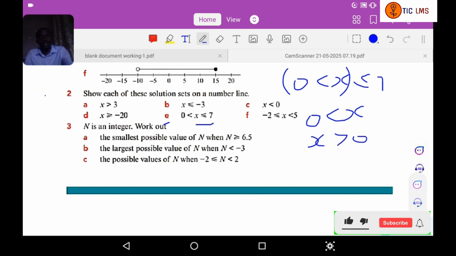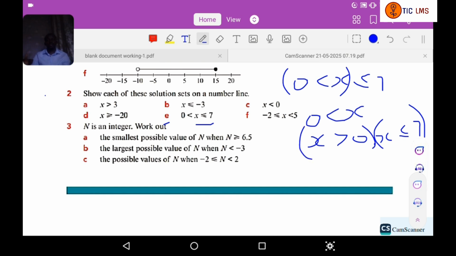Then you have the other part, which is x is less than or equal to 7. You can put each of them on the number line separately and then join them together.